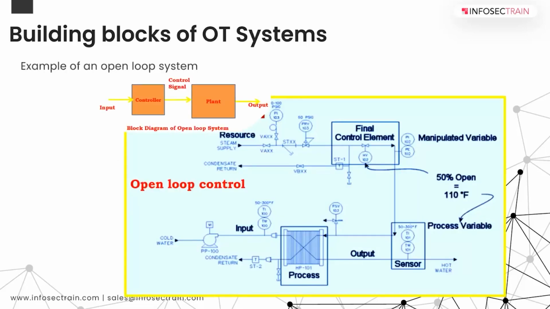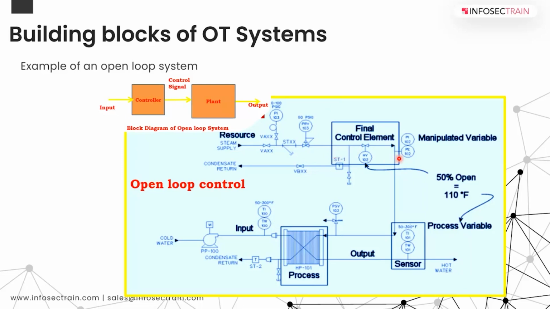So this is the open loop that you see here. Basically, there is no feedback and hence it is called an open loop. This is the type of control where the action taken by the final control element, the action of this controller, is not dependent upon whatever is sensed.